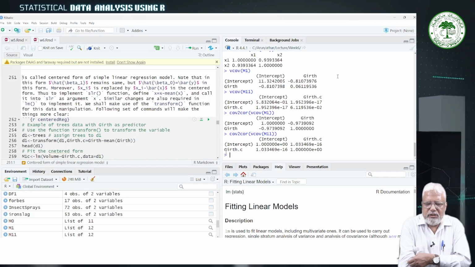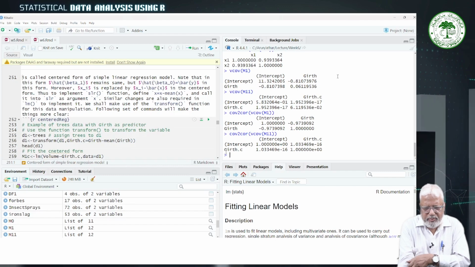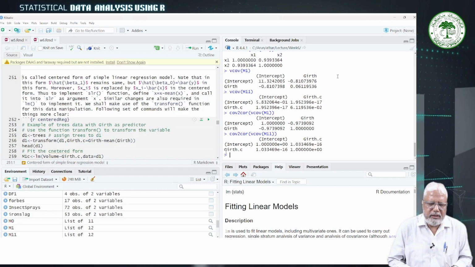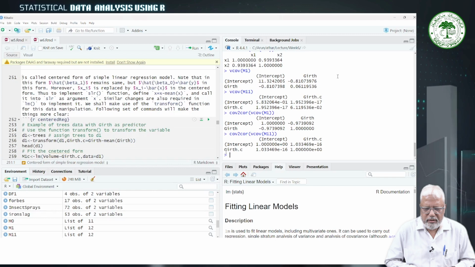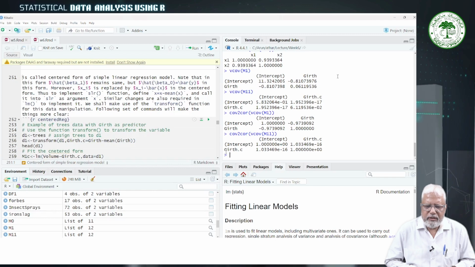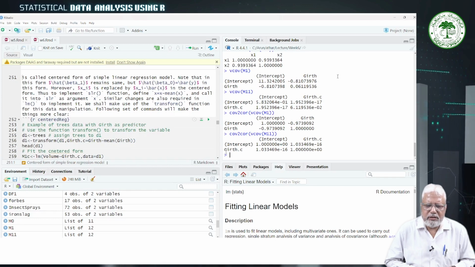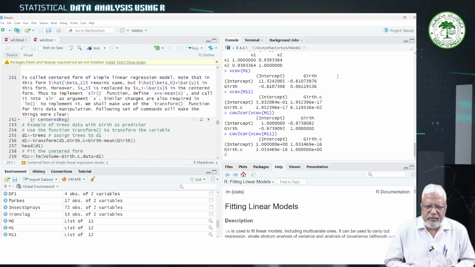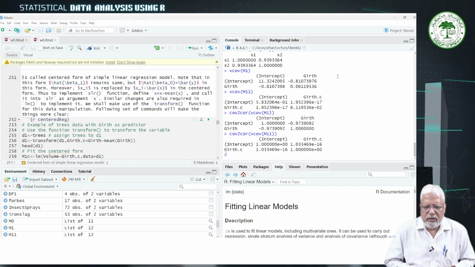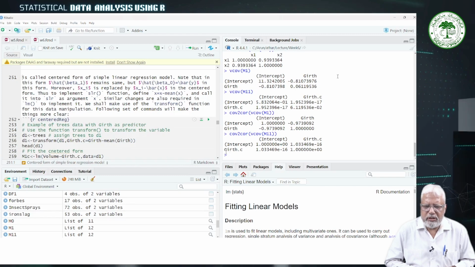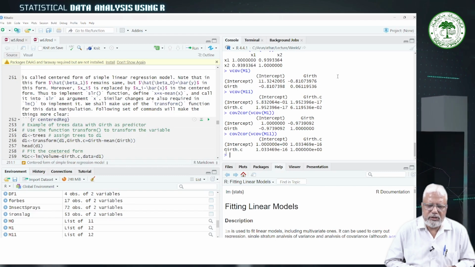There is a package known as brms, Bayesian Regression Models using Stan, and in that package the author always recommends to use the centered form of the model. Whenever you get a summary of the results, you will find that although it gives the summary in the original form, it uses the centered form for computation purposes.